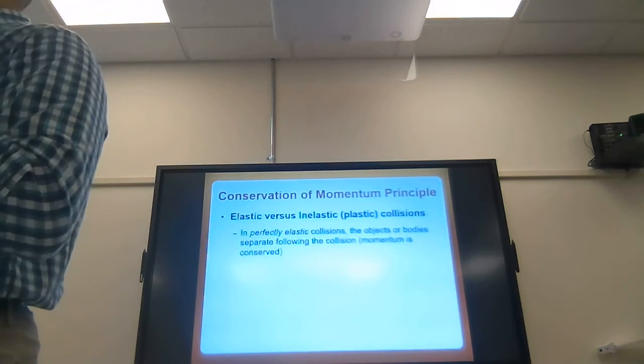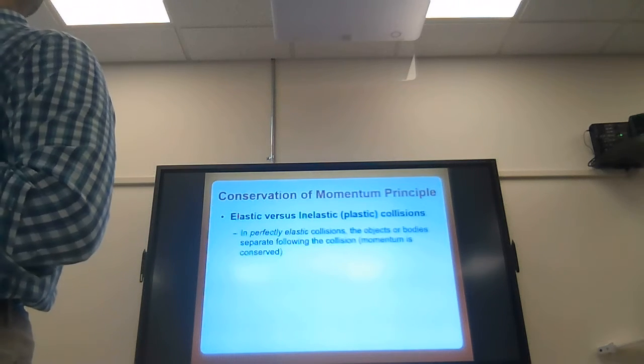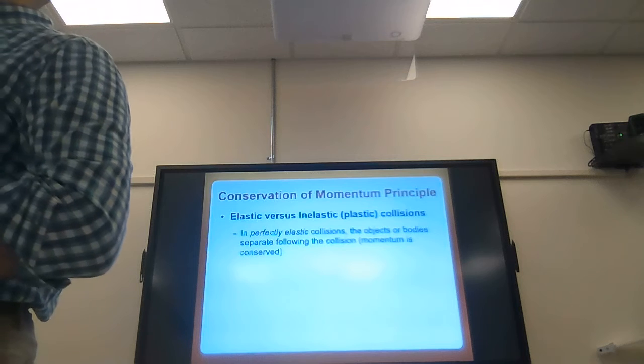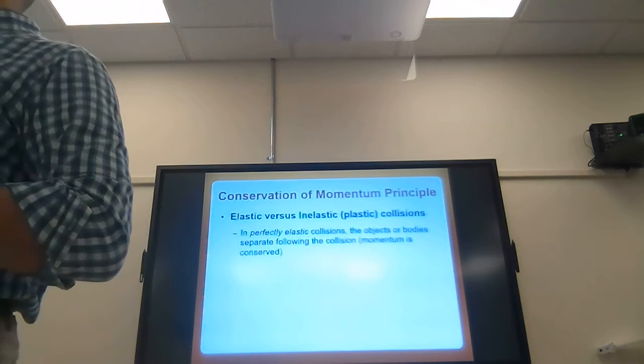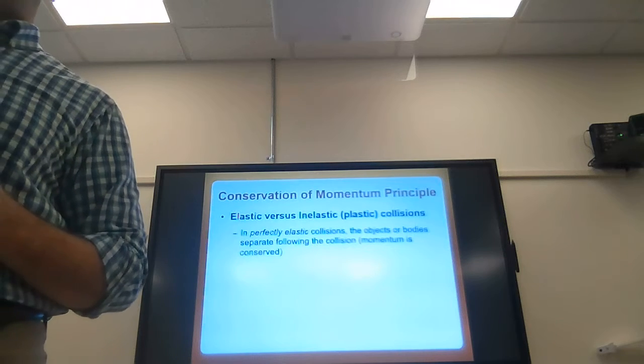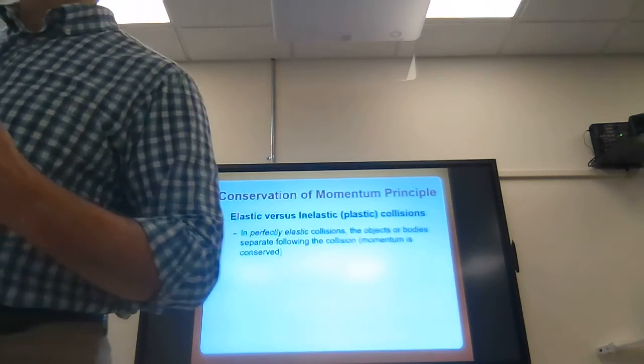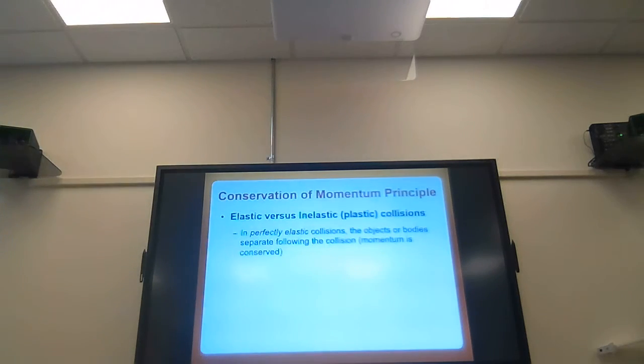So if momentum was completely conserved, then if I dropped a ball from a height of 6 feet, it would hit the floor and it would bounce to the same height that I dropped it from. Okay, so we can say that there's some momentum, or we could say mechanical energy, that is lost as the ball collides with the ground.